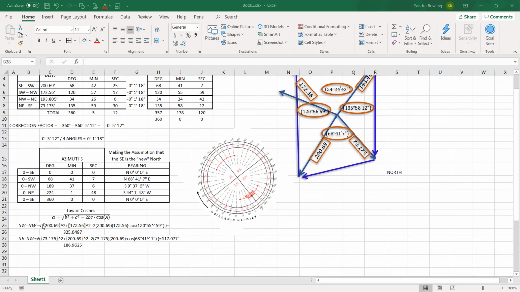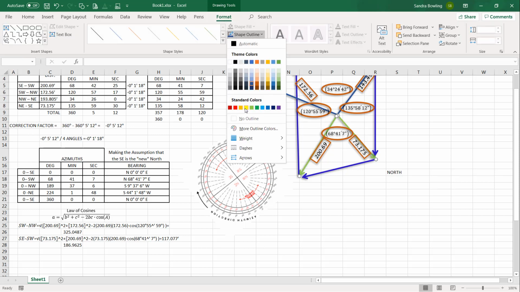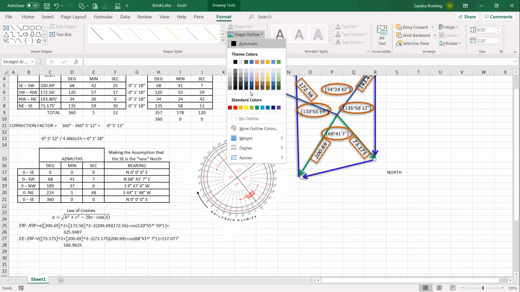So now for the law of cosines. The law of cosines says if this is A and these lines here are B and C, so I'm going to highlight these and I'm going to change those colors to green. And I'm going to change this one just so I can talk in colors so you can also see.